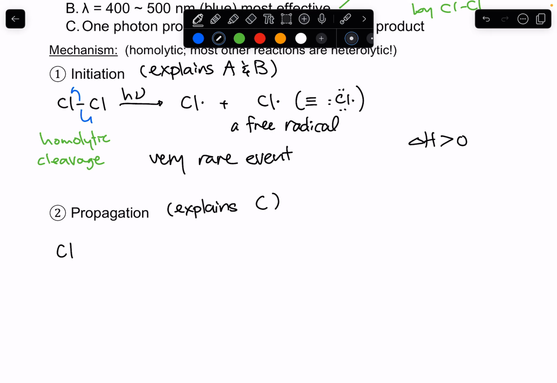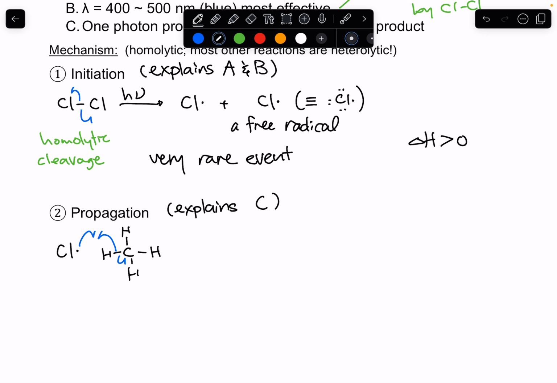So far what we have in the mixture is this one chlorine radical and a bunch of methane molecules in the reaction vessel, if that makes sense, right? So this chlorine radical, how would it react? It could react as a radical to extract a hydrogen atom from methane.